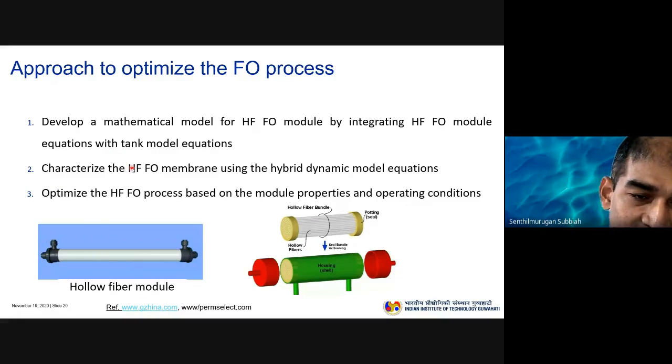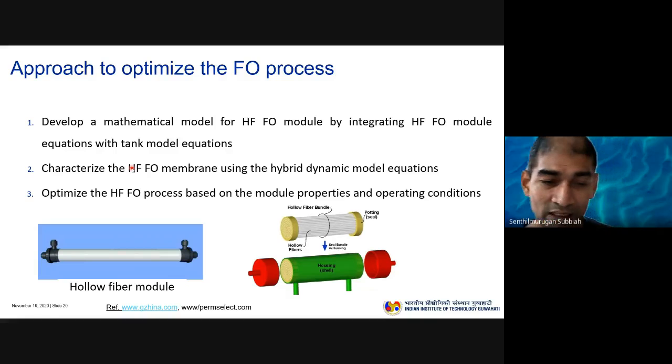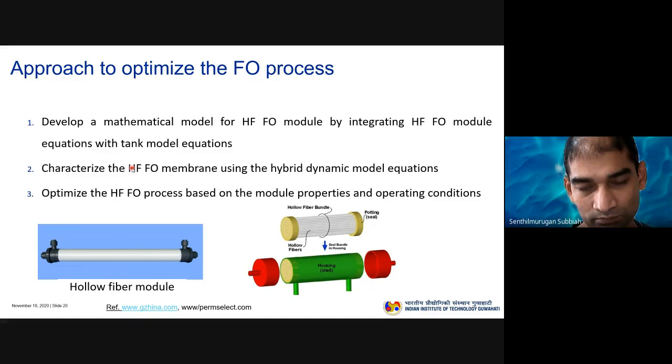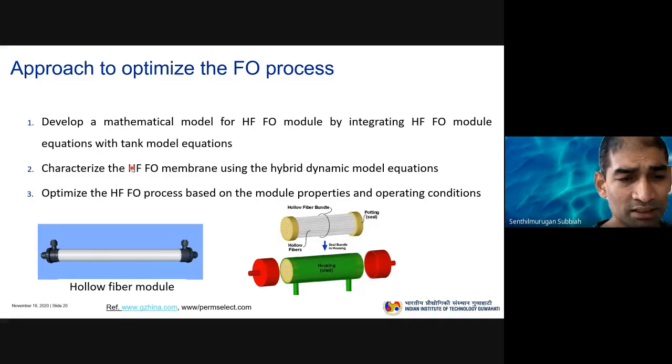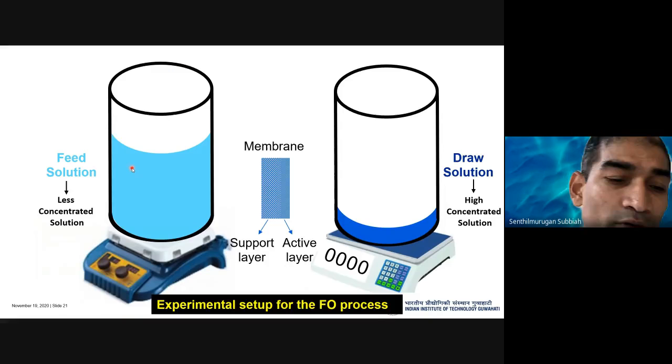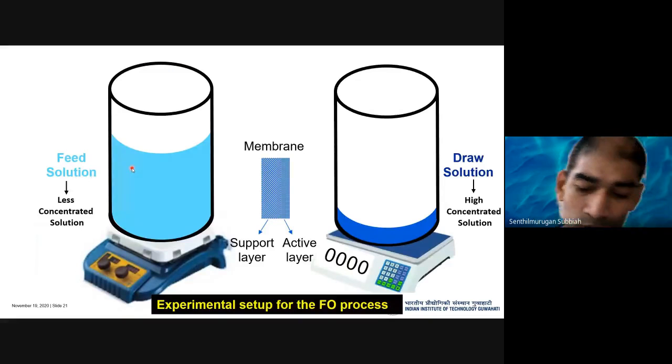So what is characterization? Basically, we need to validate the model with the experimental data so that the characteristics of the membrane will be known to us. Then optimize the hollow fiber process to meet certain objectives. We will see what objectives we need to consider for the forward osmosis process.